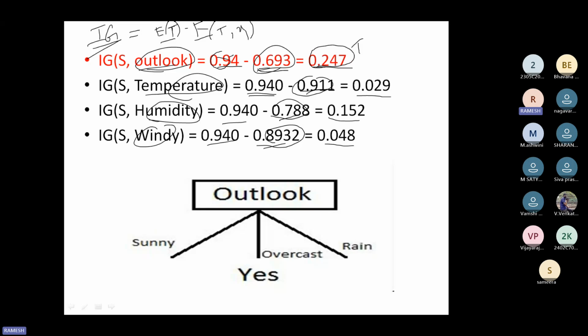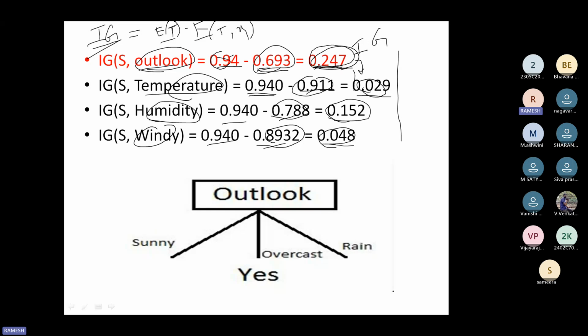This gives the information gain of outlook, of temperature, of humidity 0.152, and of windy 0.052. Out of these four, the outlook information gain is highest, 0.247, greater than all.